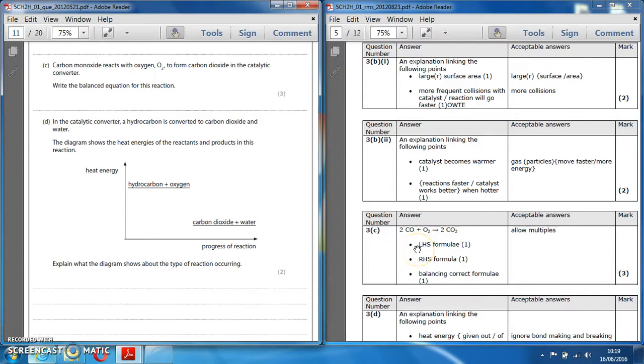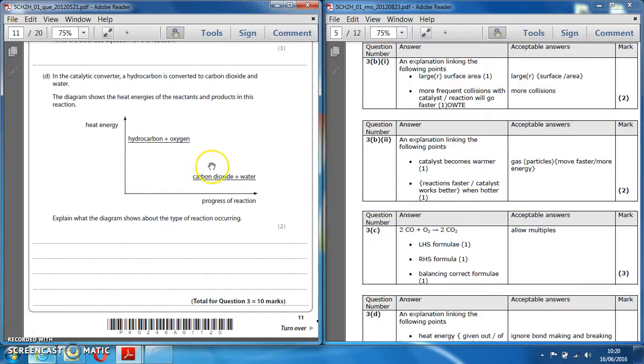As you can see from the marks, it's 3 marks. You can get a mark for doing the left-hand side, which is given to you here. You can get a mark for doing the right-hand side, which is given to you here. And then the tricky bit, the balancing, only gets you 1 mark. So don't worry if you didn't get that. It's something we can look at in a revision session if you want to come along and do that.